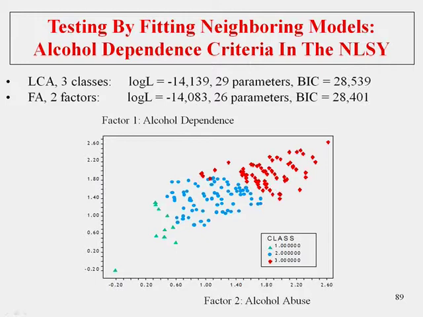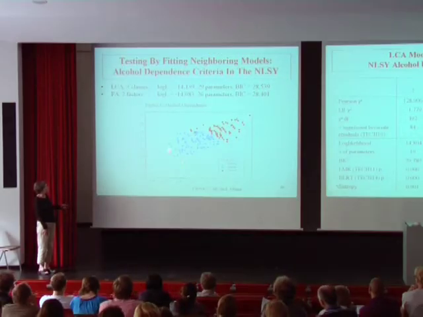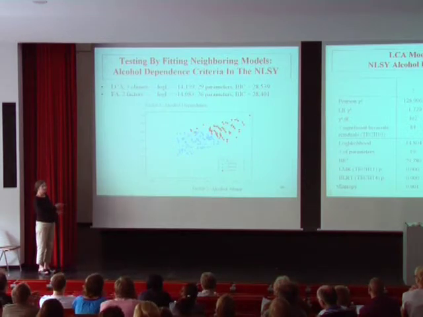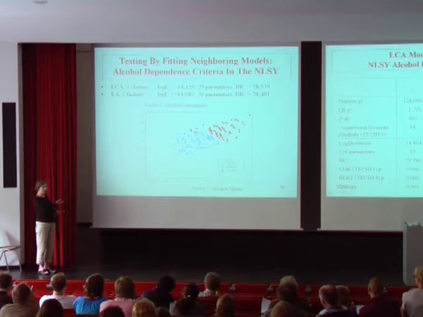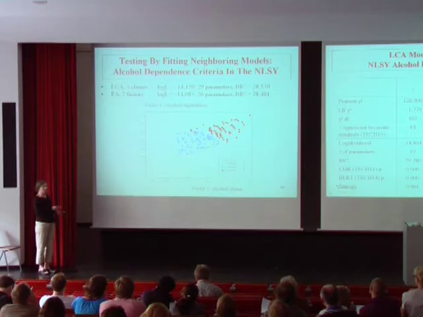You can see that it's pretty clear the normative class is lower on the factor, the abusers are in the middle, and the dependent alcohol problems have the higher factor scores. You also see that the factor scores are highly correlated and could perhaps represent one dimension. So this is another way we could represent the data, but it doesn't have the advantage that we can actually have the cut points of how many items.